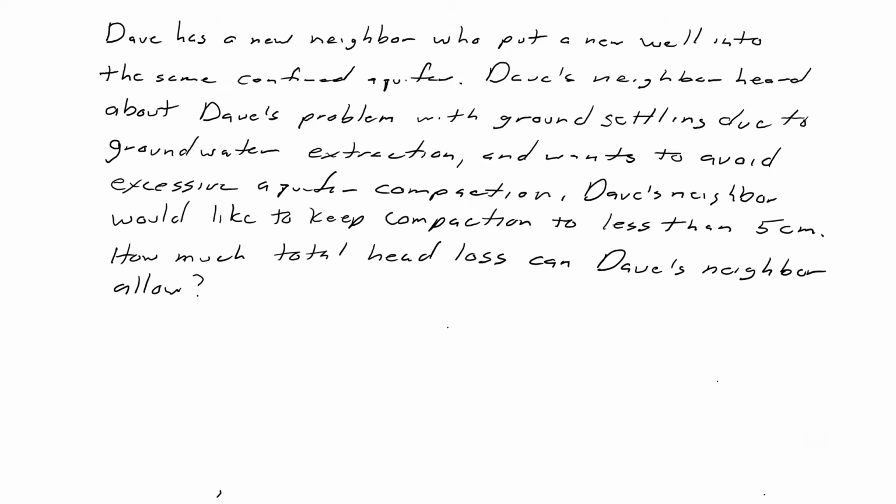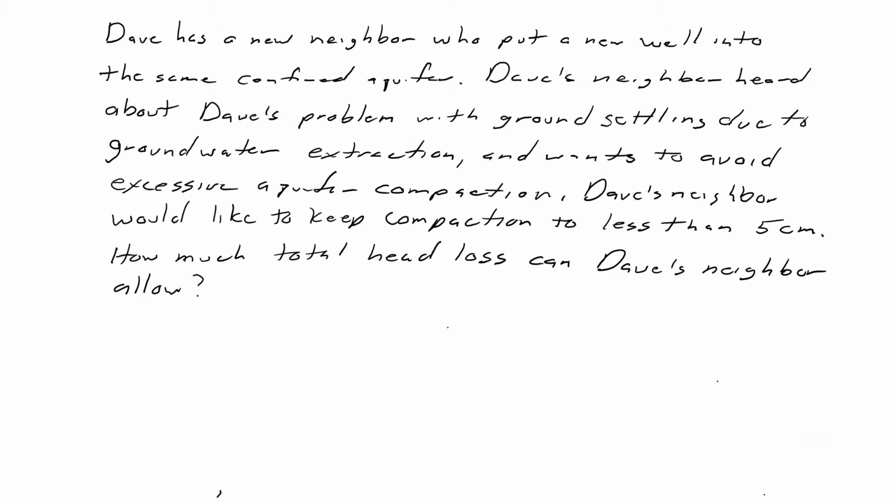So last class, I left you with this problem that was based off of a previous problem, focusing on our friend Dave. If you remember the previous problem, Dave had used excessive amounts of water and had dropped his total head by quite a bit. And we used the groundwater aquifer compaction equation to try to get an estimate of how much compaction the aquifer was going to experience.